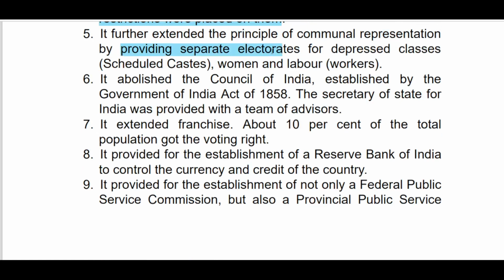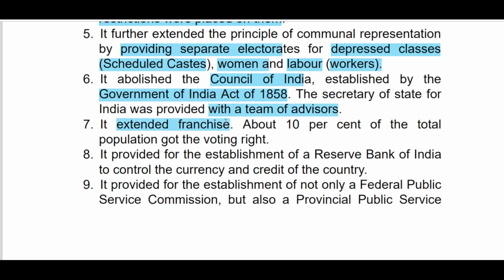It further extended the principle of communal representation by providing separate electorates for depressed classes, that is, the scheduled castes, women, and labor, that is, workers. It also abolished the Council of India, established by the Government of India Act of 1858.